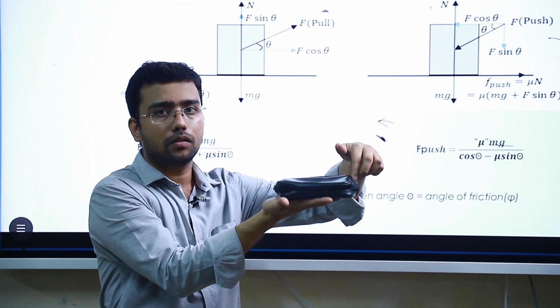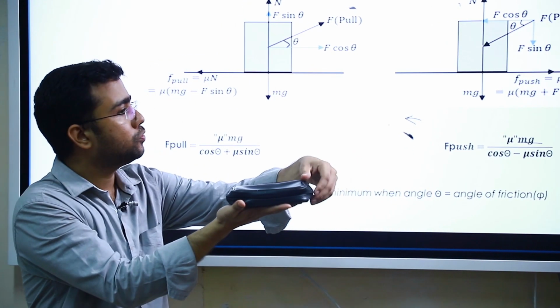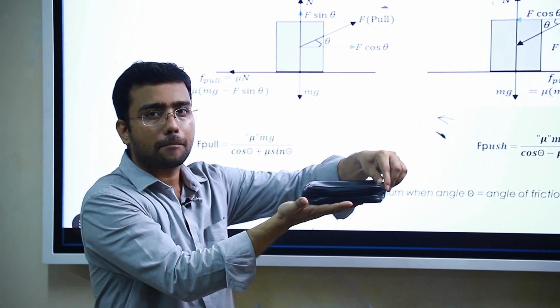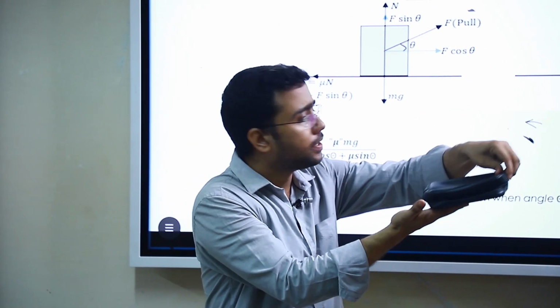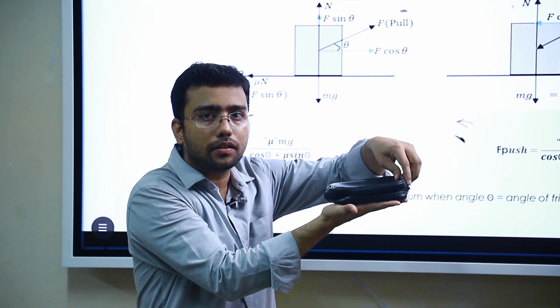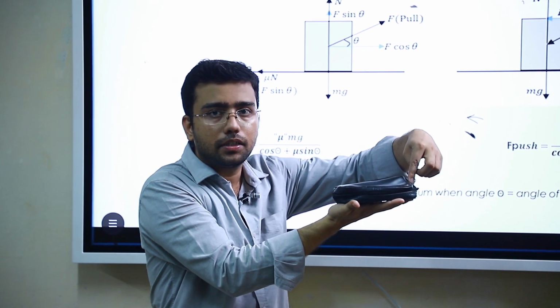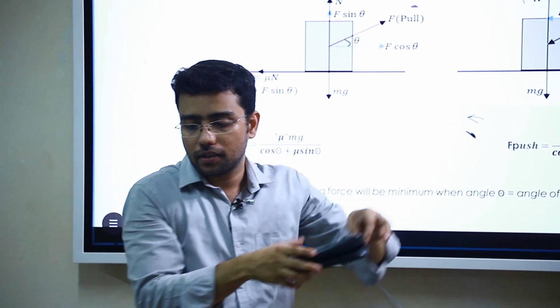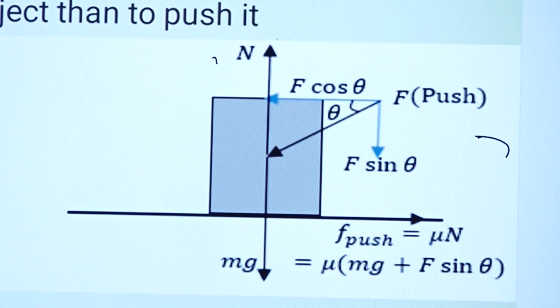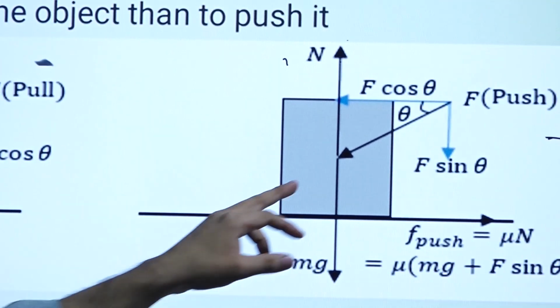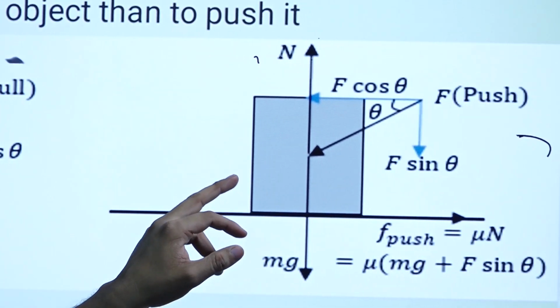And suppose I try to pull it. When I try to pull it, it will be very easy, and if I try to push it, it will be a little tougher. As you can see, even with this bag, if you try to push any block like this, it will be very tough.